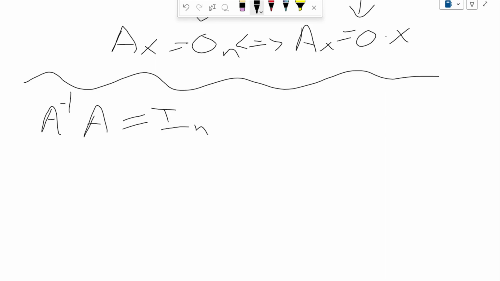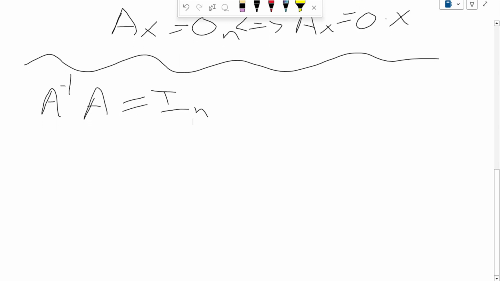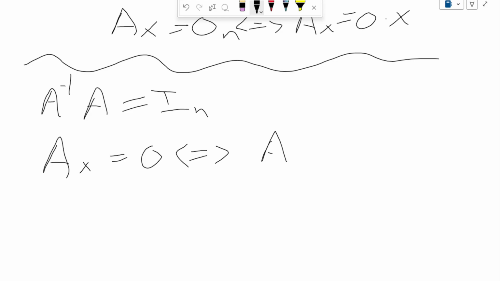Suppose that exists. Okay. Then consider the equation AX equals 0. This equation is equivalent to multiplying both sides by A inverse.